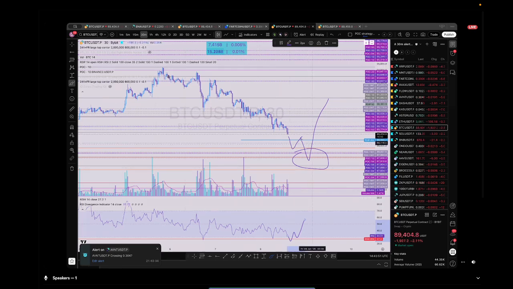And probably that's also what I would like to sync with some other alts and BTC, because at the end it's always good. The best thing is always first you enter in BTC.